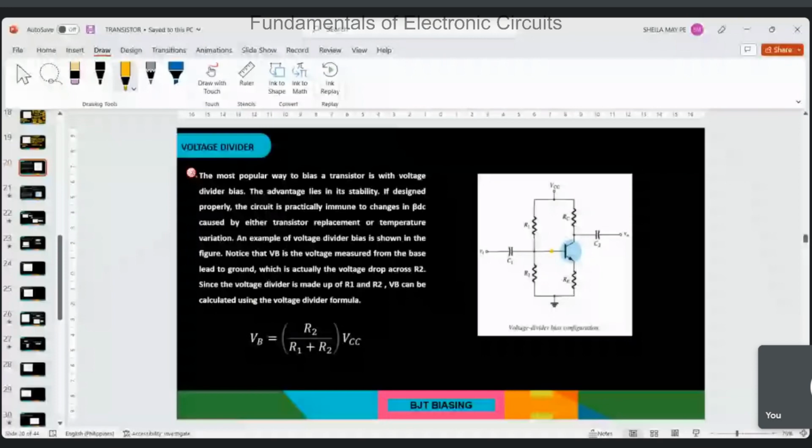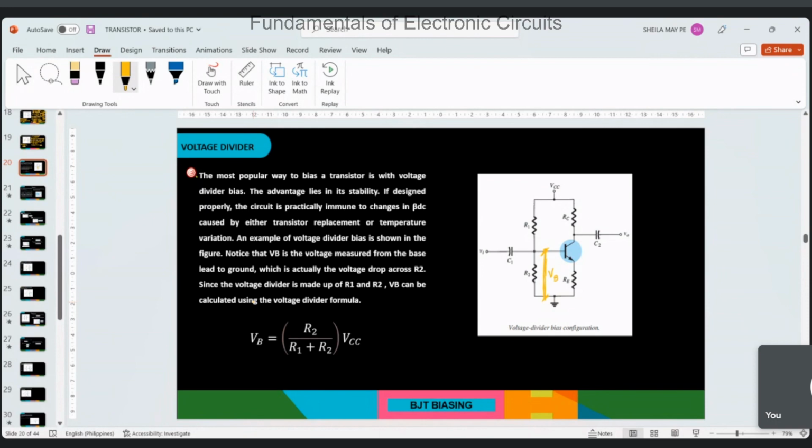Okay, that's our VB. VB is the voltage measured from our base terminal or lead to the ground, and that is basically the voltage drop across our R2. Okay, because here, VB is opposite R2. So that's the voltage drop. And VB can be calculated using the voltage divider formula.